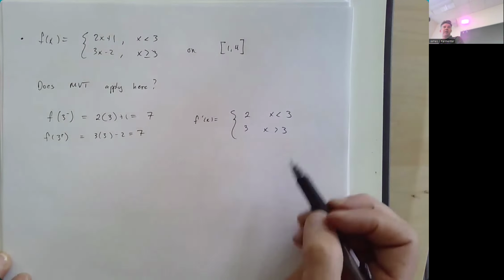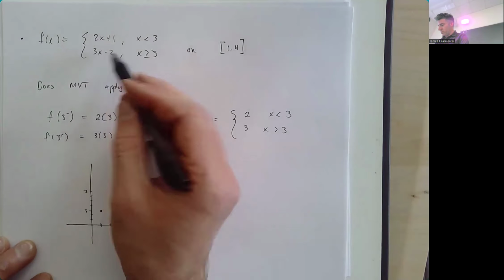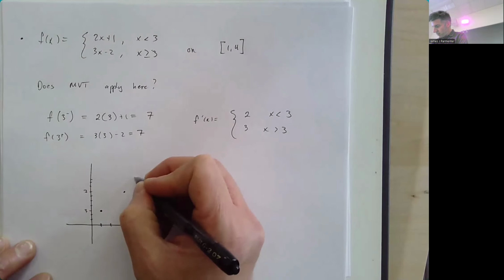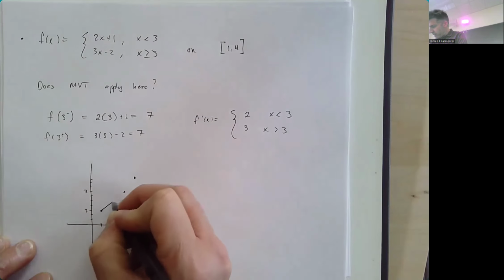Graphically, what's happening is 1, 2, 3, 4. We plug in 1, we get 3. We plug in 3, we get 7. If we plug in 4, we get 12 minus 2, which is 10. And so our graph kind of looks like this.